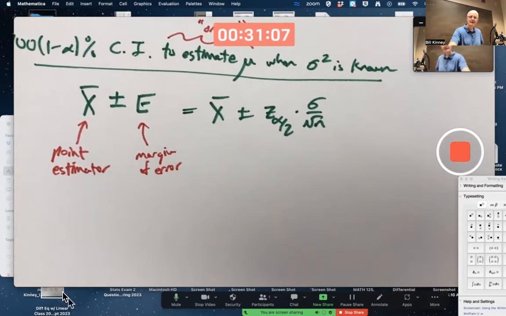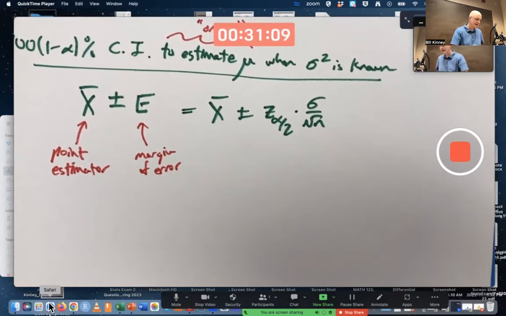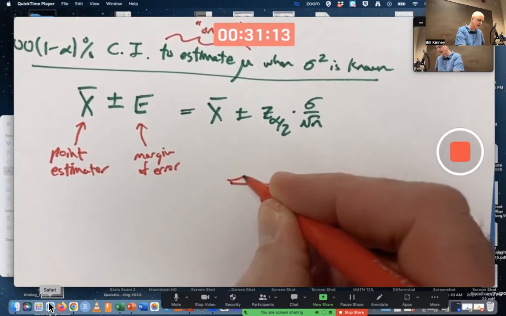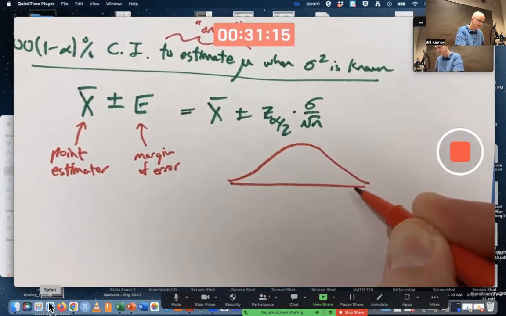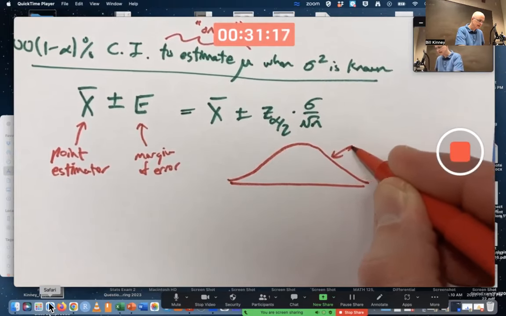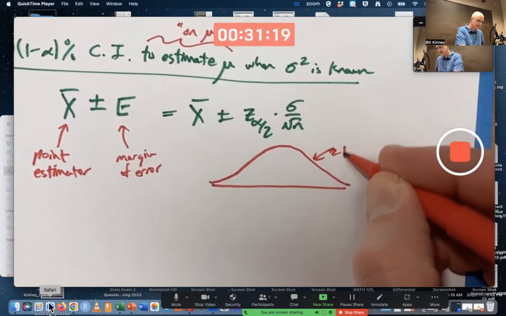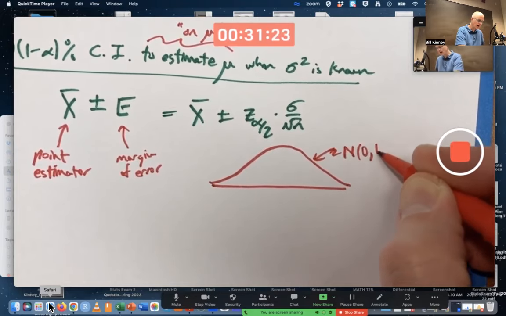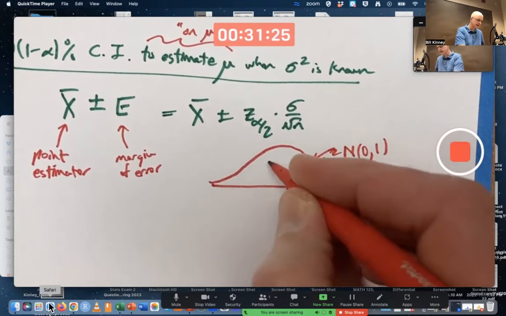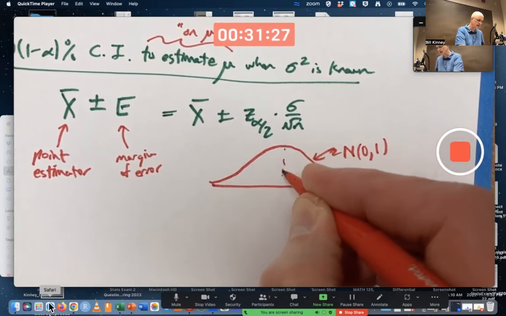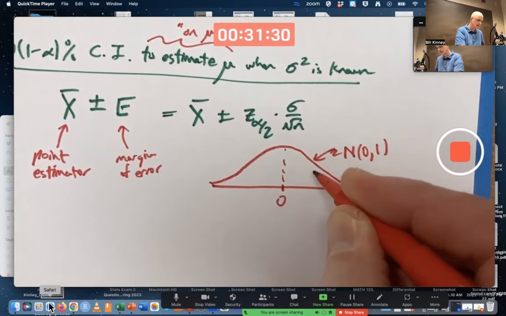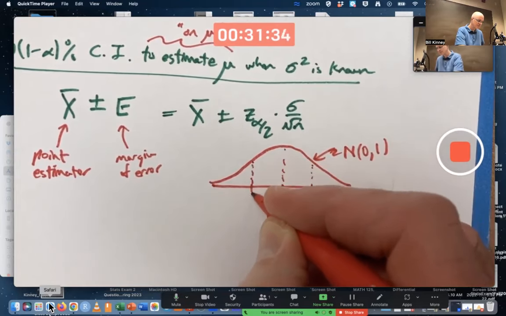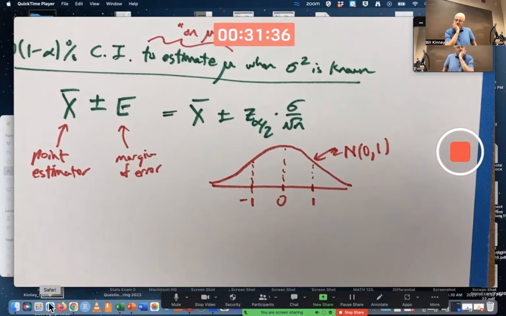where z sub alpha over 2 is a critical value for the standard normal distribution. So this is supposed to be a picture of a normal curve with mean 0 and variance 1, also meaning the standard deviation is 1. Inflection points would be at plus or minus 1.